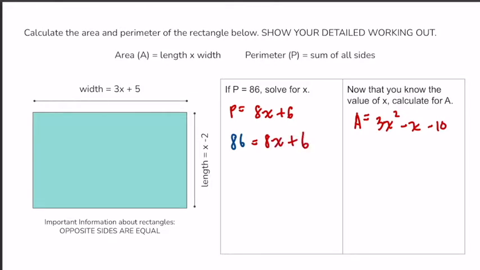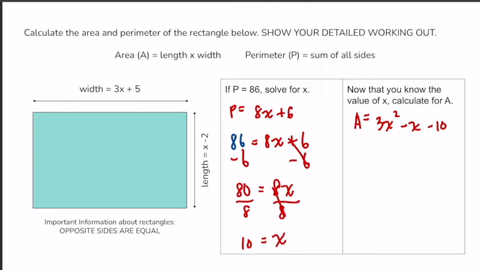And then do the same thing, solve for x. Minus 6, minus 6 gives you 8x is equal to 80, okay? Divided by 8, divided by 8, x is equal to 10.